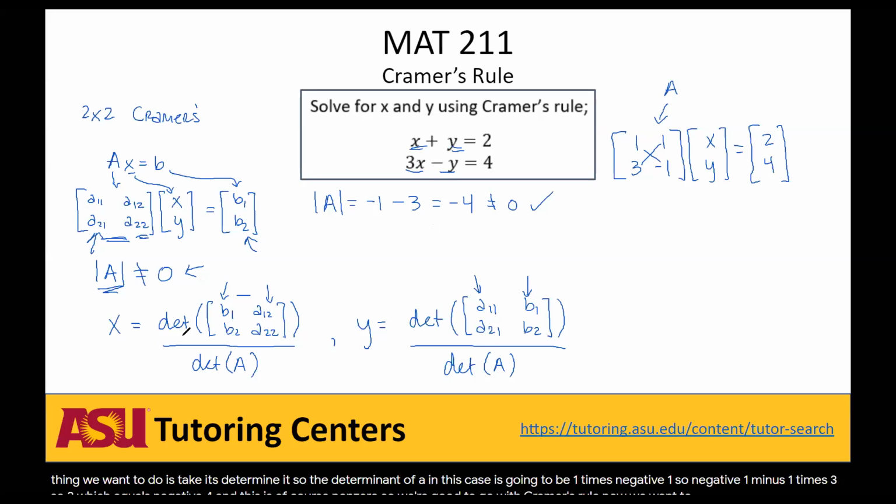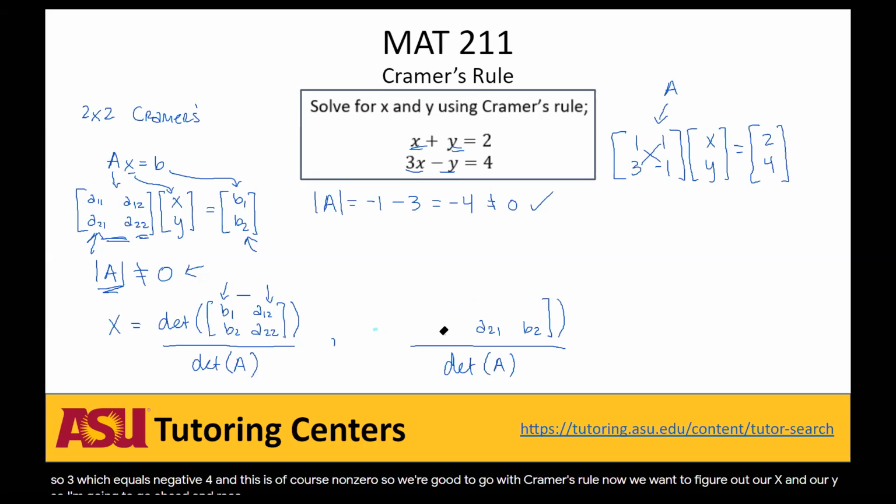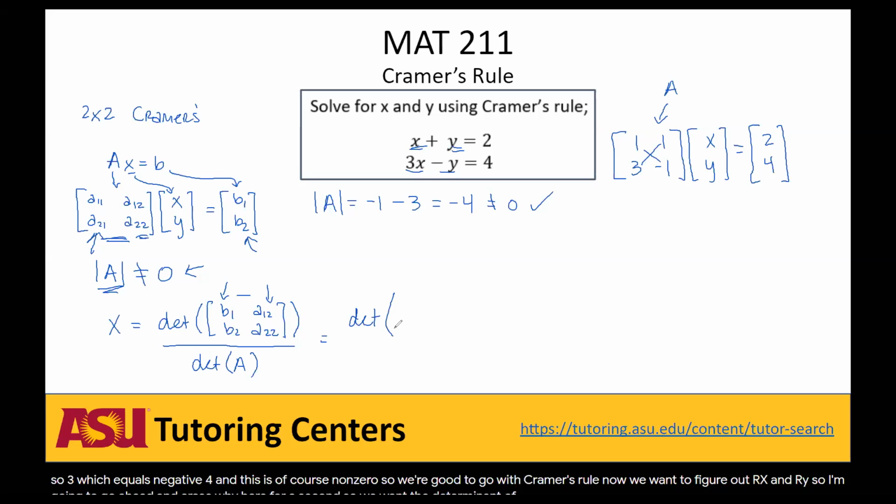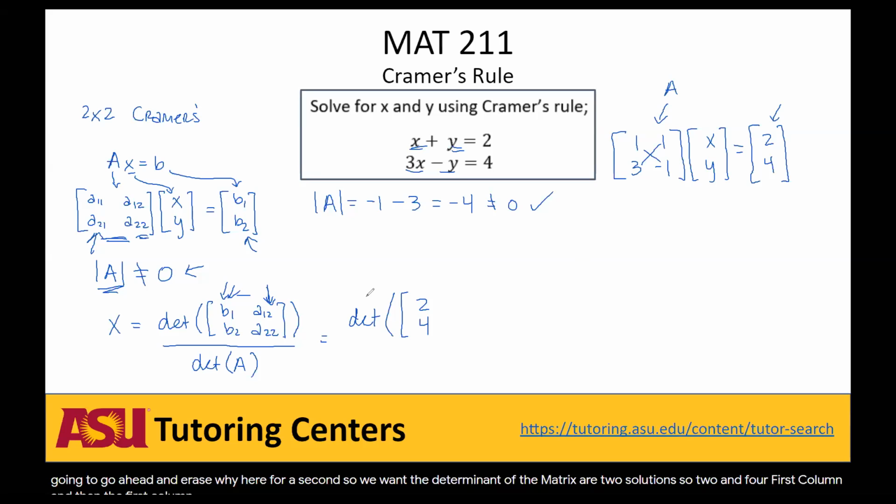Now we want to figure out our x and our y. So I'm going to go ahead and erase y here for a second. So we want the determinant of the matrix, our two solutions, so 2 and 4 for our first column. And then the second column of our matrix A here, which is going to be 1 and -1.